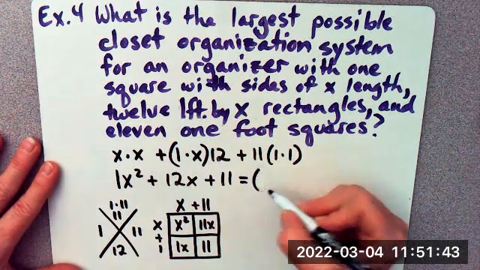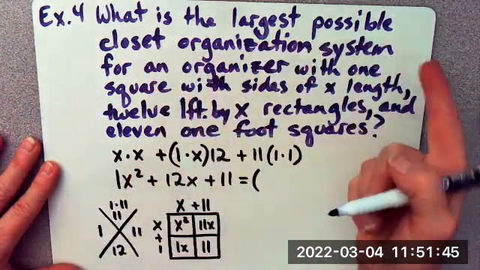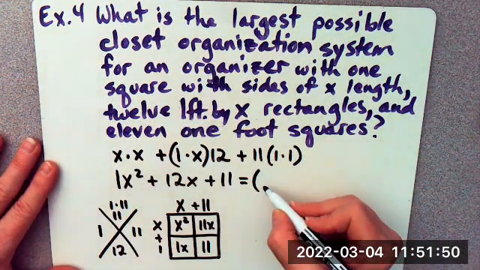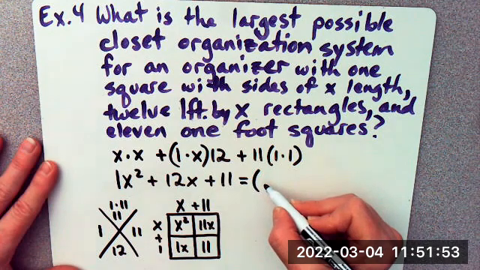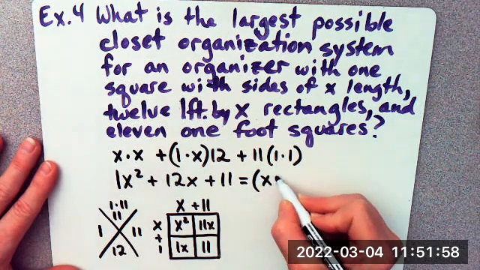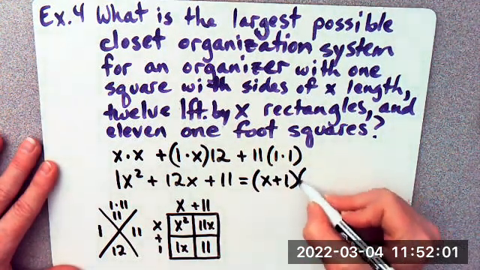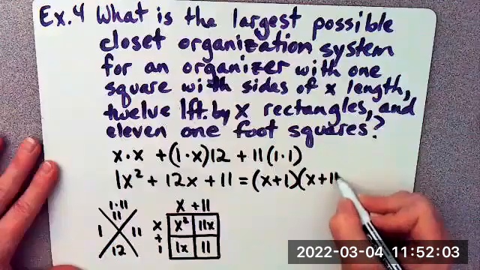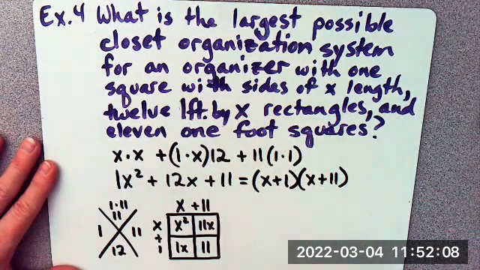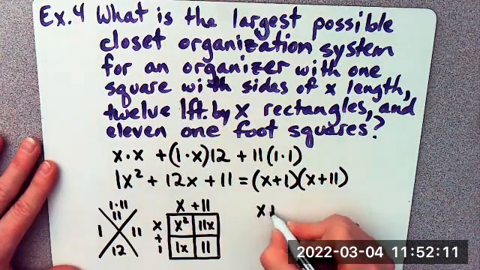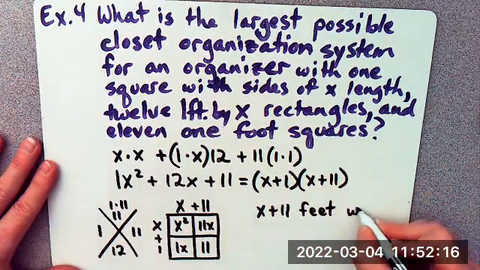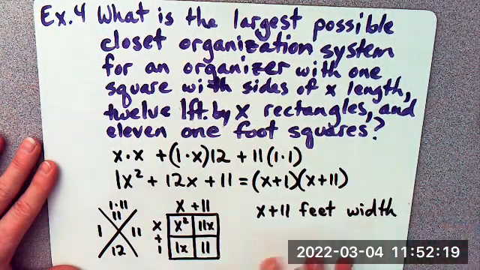So we want the largest possible closet organization system, so the largest width and height for the wall. So we have x plus 1 and x plus 11. The width will be x plus 11 feet, because we want a longer width.